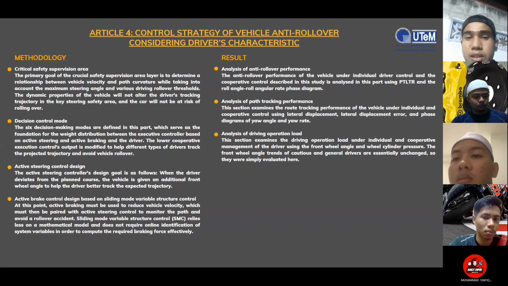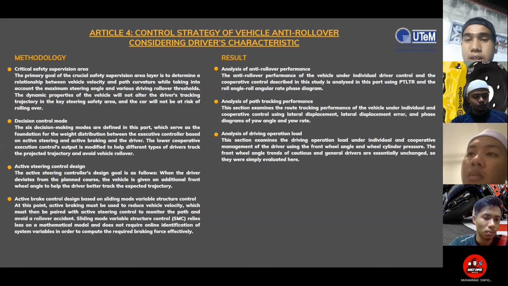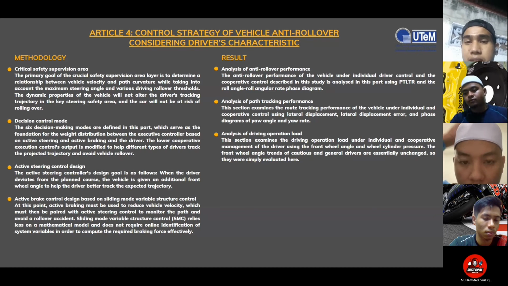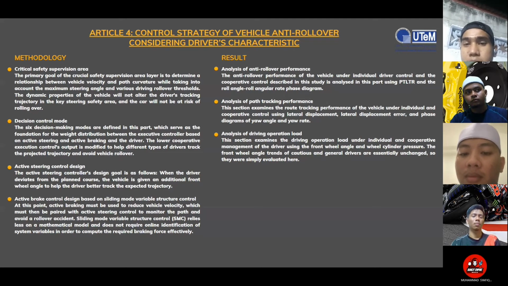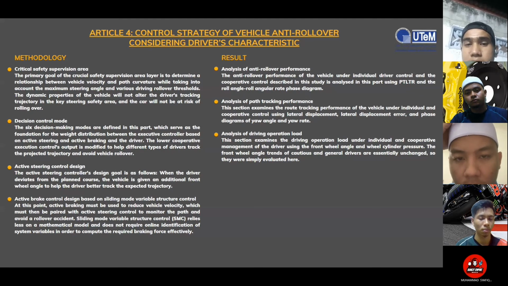When the driver deviates from the planned course, the vehicle is given an external front wheel angle to help the driver better track the expected trajectory. Lastly, active brake control design based on direct structure feedback. At this point, active braking must be used to reduce vehicle velocity. This must then be paired with active steering control to monitor the path and avoid a rollover accident.